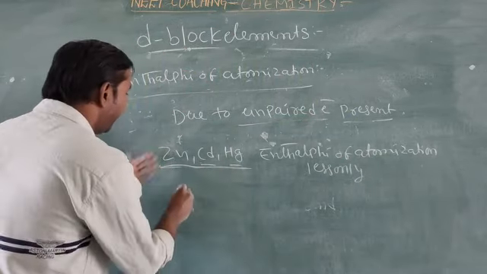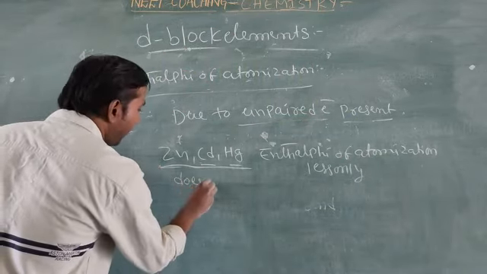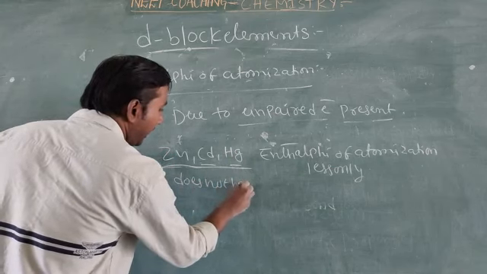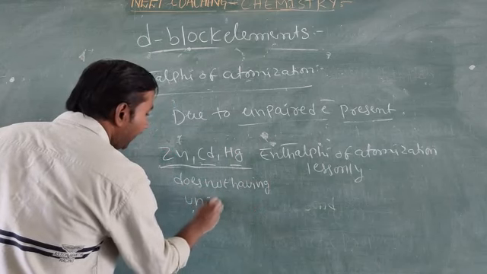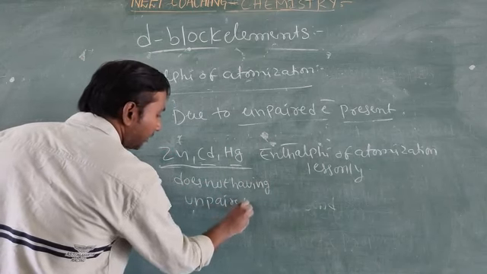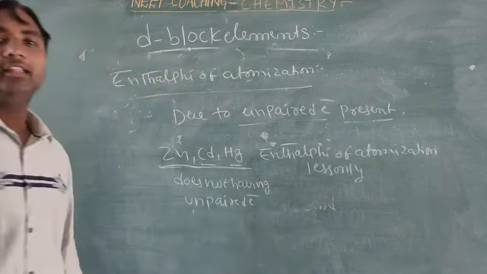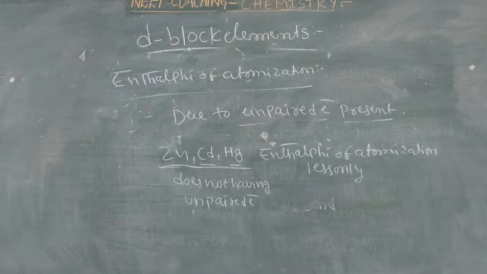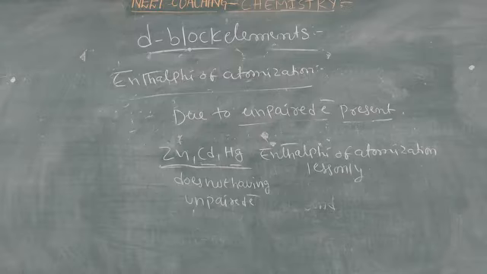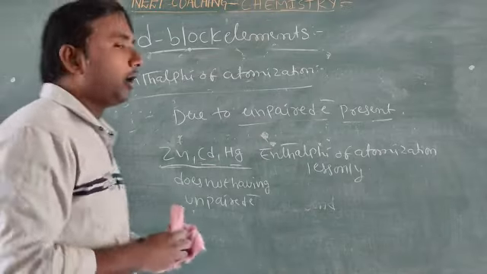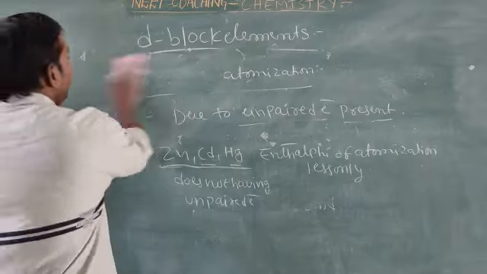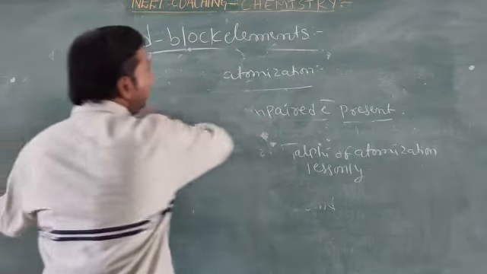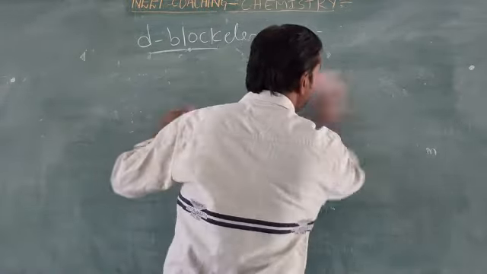Zinc, cadmium, mercury do not have unpaired electrons. That's why enthalpy of atomization depends on the unpaired electrons. Okay, this is the enthalpy of atomization.